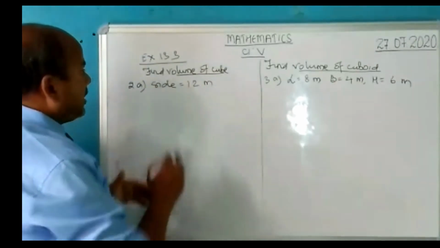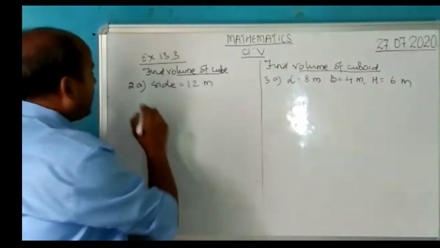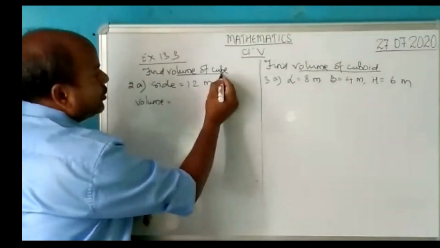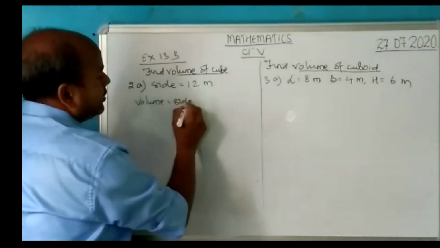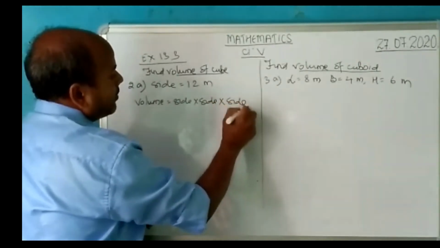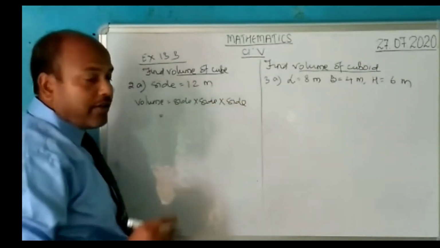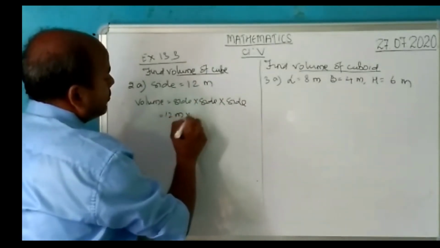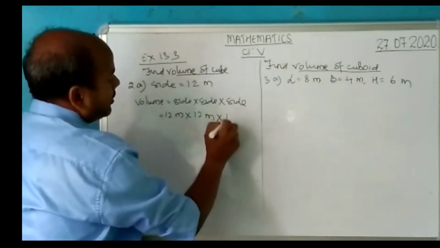Let us find out, if the side is 12 meter, then what will be the volume. So volume of a cube, you know the formula, is side into side into side. So this is the formula we use to calculate the volume of a cube. Side is 12 meter, so 12 meter into 12 meter into 12 meter.